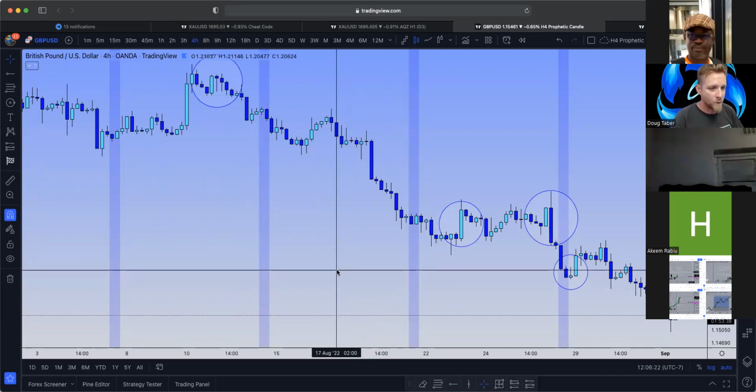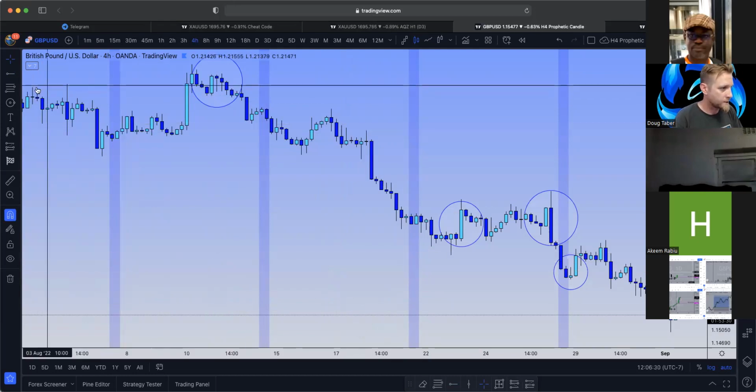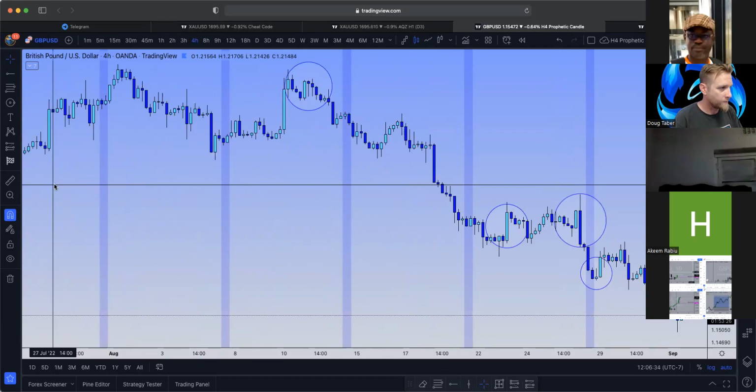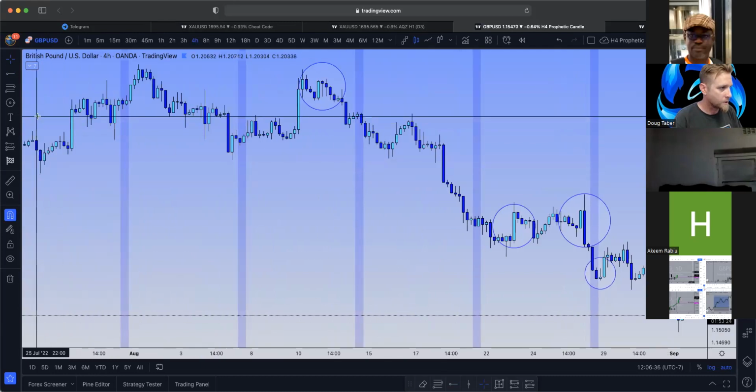Okay, so we have bullish and bearish engulfing, bearish and bullish inside bars. Now we want to look at a violated bullish engulfing and a violated bearish engulfing.